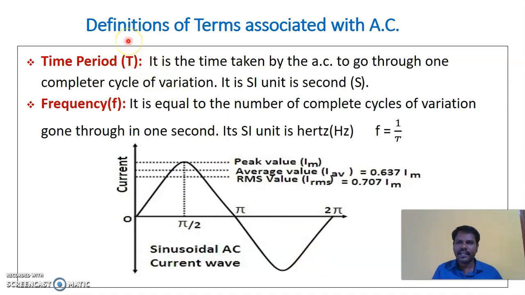Now let us understand the basic definition of the terms associated with alternating current. The time period. It is the time taken by the alternating current to go through one complete cycle of variation. Its SI unit is second.